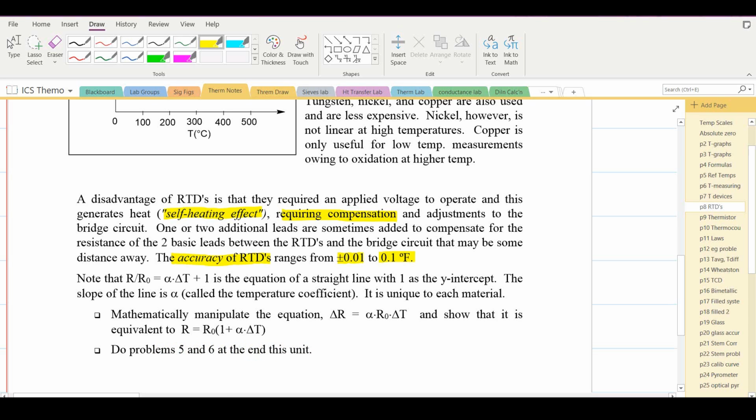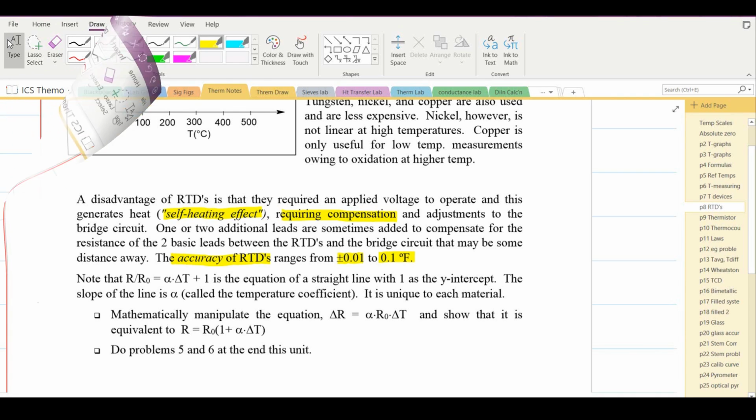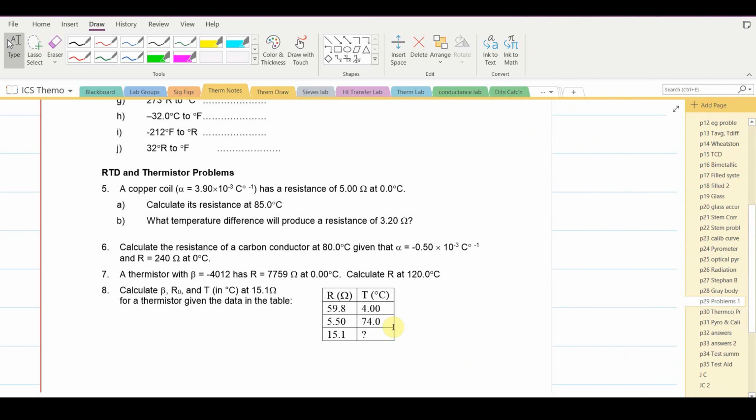All right, so problems 5 and 6 at the end of this chapter. Let's do those to get some practice using RTDs in calculations. Take a look at page 29. We have two problems related to RTDs.